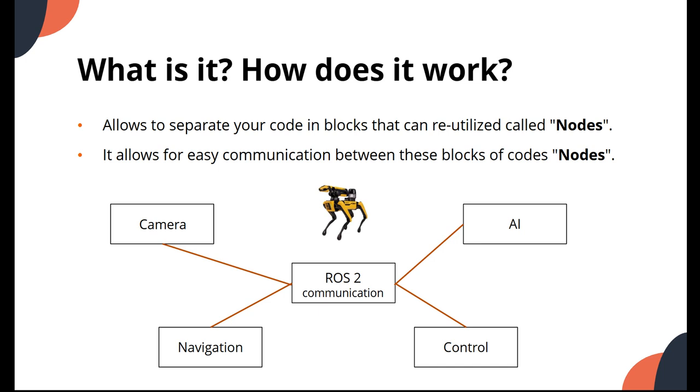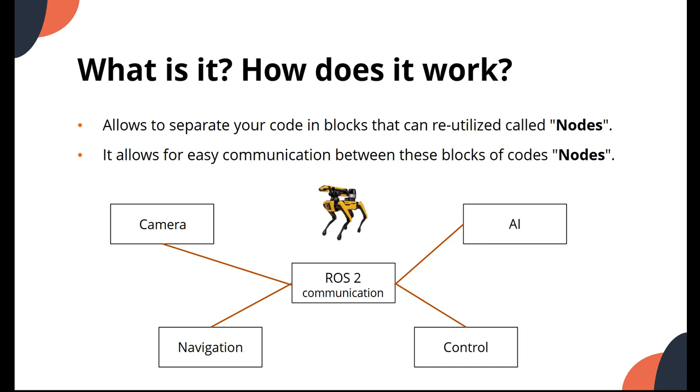Now, where does ROS2 communication come in? Well, let's say the navigation node requires something from the camera node. Well, then it can communicate with it and just pull that information from it. Maybe it also needs information from the AI node because there's some sort of intelligent algorithm that the navigation requires to be able to move.